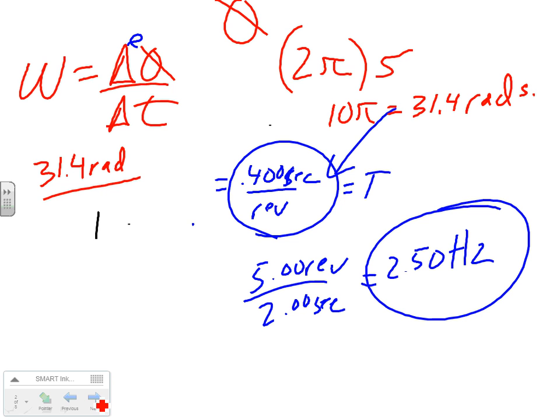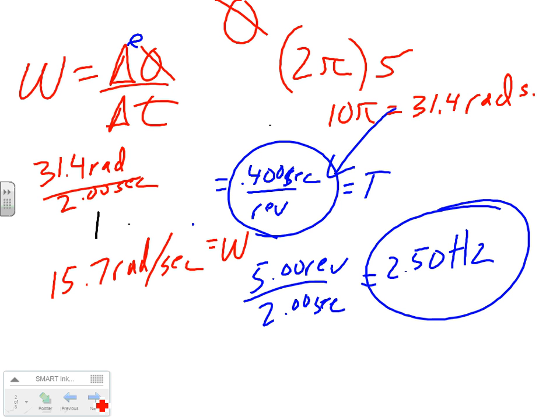And it took us, according to the problem, 2 seconds to do that. So if we divide that out, 31.4 divided by 2, we end up with 15.7 radians per second. That is omega, our angular velocity.